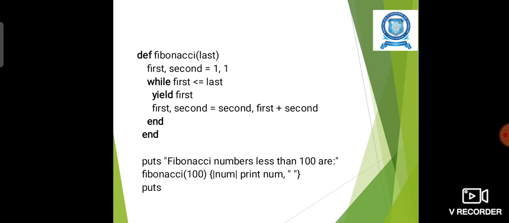After that function definition, we are calling the function, that is, Fibonacci of 100. So the parameter value 100 will be passed to the function definition. The 100 will be substituted in the place of the variable last, and for that particular value the Fibonacci series will be calculated.